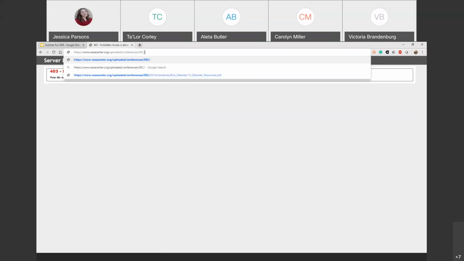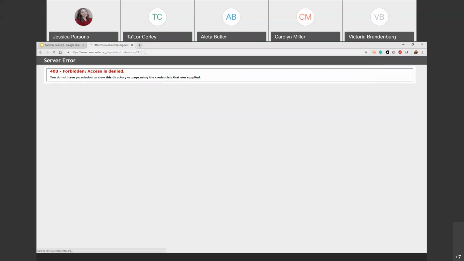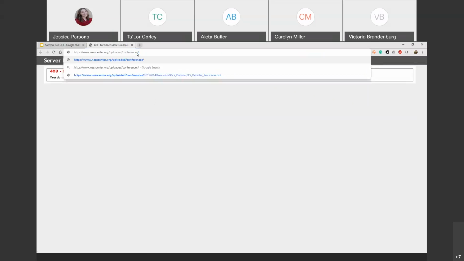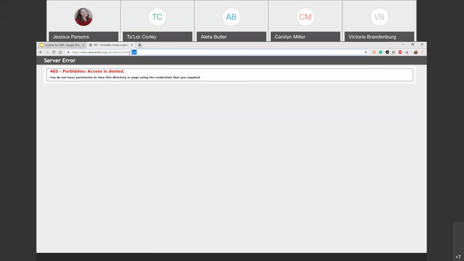We see this SEC. Still no. Conferences? No. Although the fact that it says uploaded conferences leads me to believe that somebody provided this as a part of a closed conference, and somehow that PDF link leaked out. But let's keep backtracking.